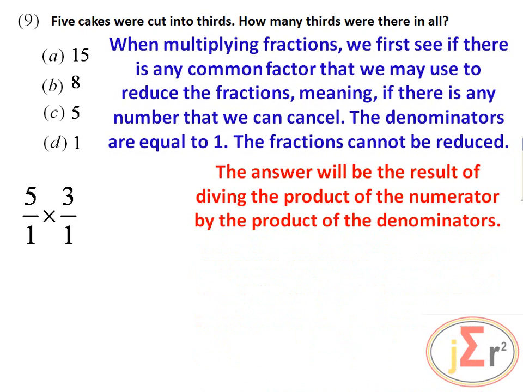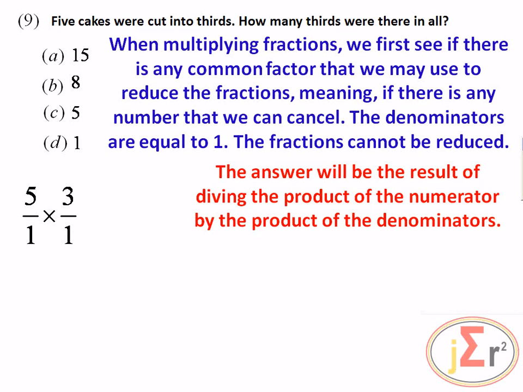The answer will be the result of dividing the product of the numerator by the product of the denominator. As a matter of fact, this set of denominators being 1 is not the only way that we can show that fractions cannot be reduced. Fractions cannot be reduced if they do not have common factors. There is no number that can divide into the numerator and denominator.